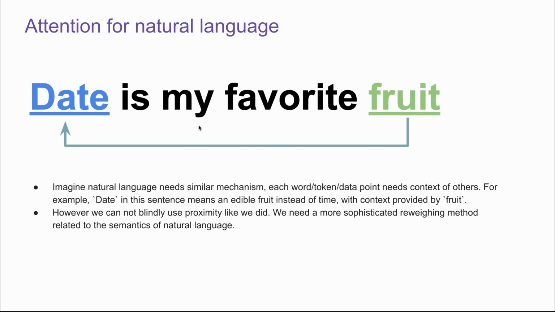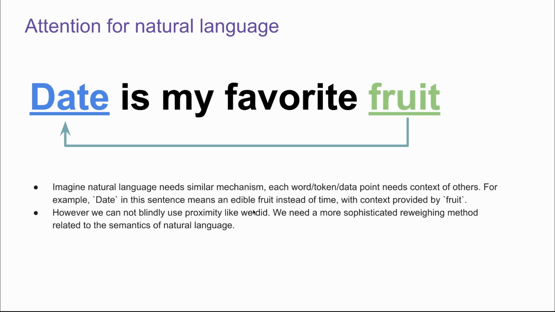So similarly, when you try to tell the AI system that a word has some other meaning, you can use an attention mechanism, right? Natural language needs a similar mechanism: each word or token or data point needs context of others in the same sentence or paragraph. So for example, date in this sentence means an edible fruit instead of time, with the context provided by this fruit.